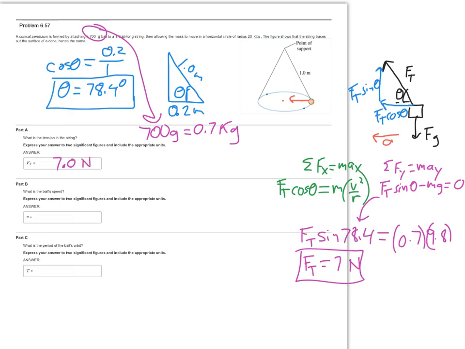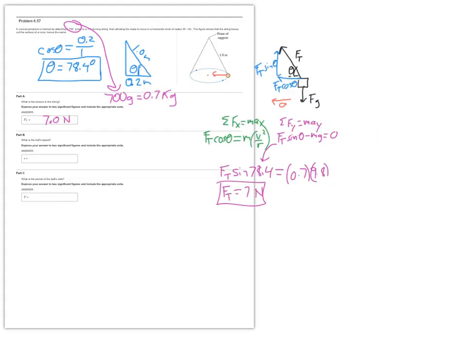Now that I have that tension, I can switch over to my x side. That gives me one more piece of information, and so we can probably solve for the velocity now. I'm going to take this x equation here and start filling in what I know. I know my tension is 7 newtons, cosine of my angle is 78.4, using those values we've already found, and that's going to be equal to my mass, which is 0.7, times v squared over 0.2.